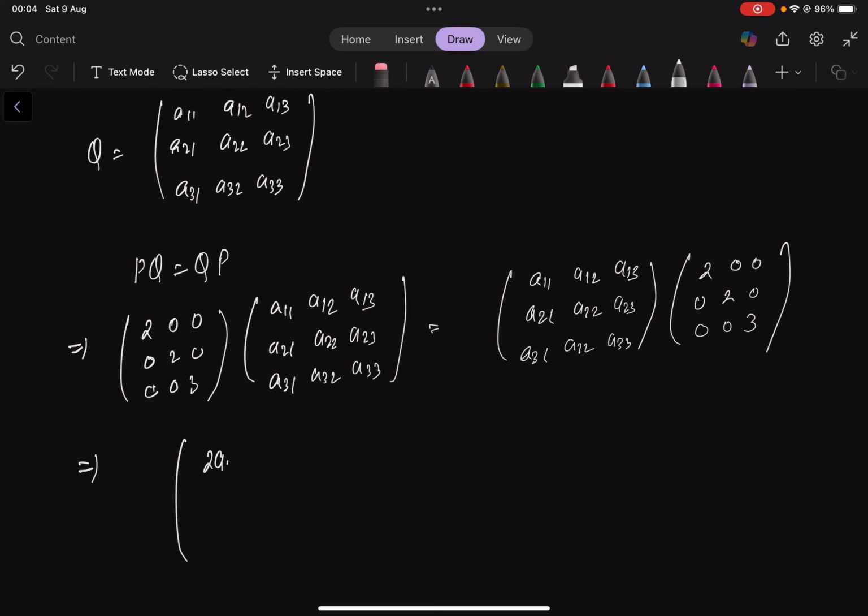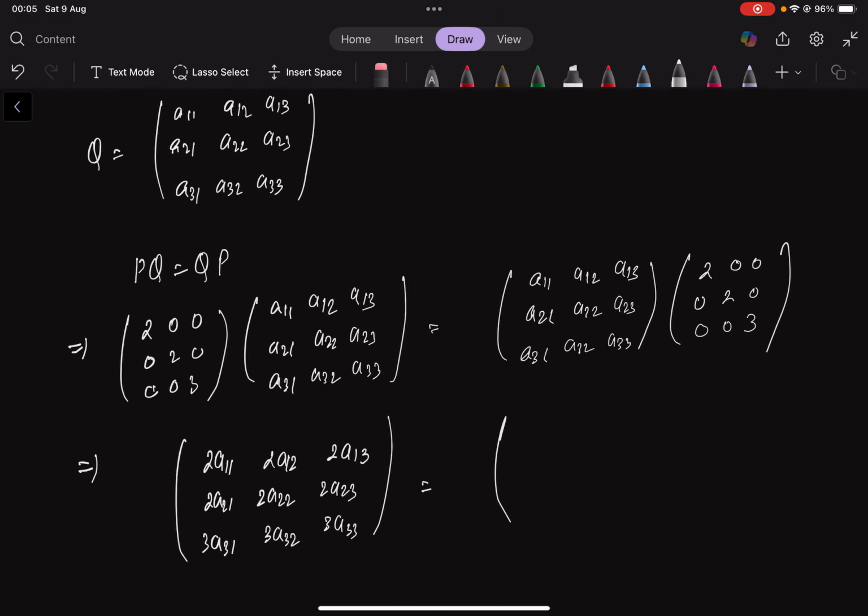Now if we simplify this, the first row elements are 2A11, 2A12 and 2A13. And the second row will be 2A21 and similarly 2A22, 2A23, 3A31, 3A32, 3A33.